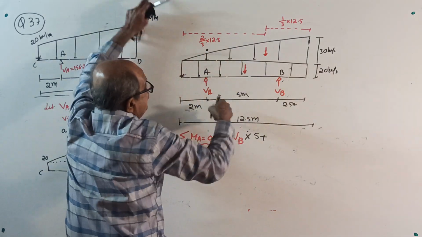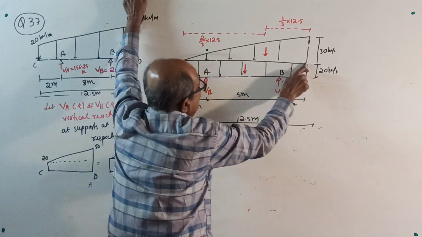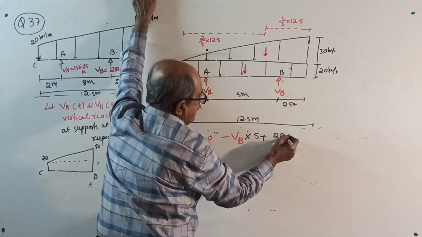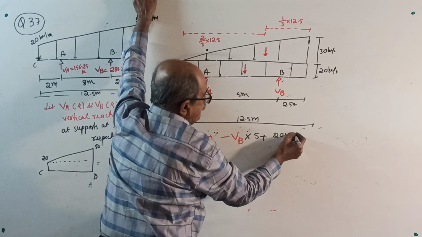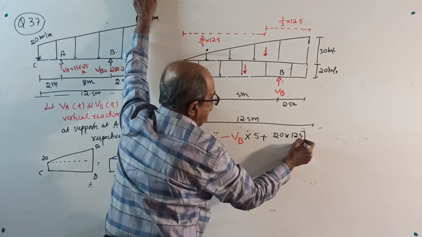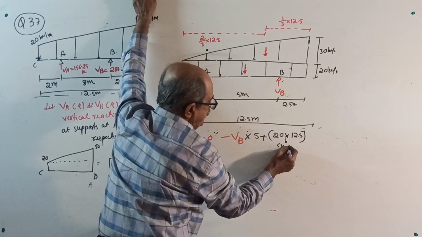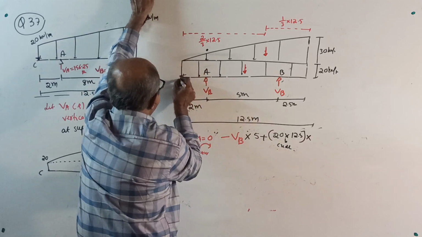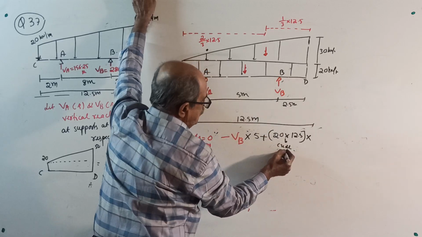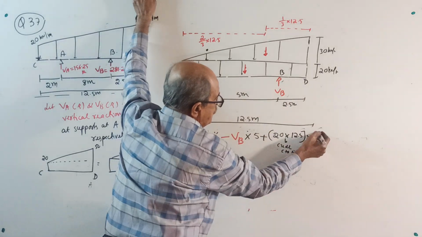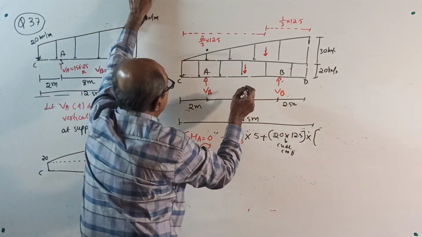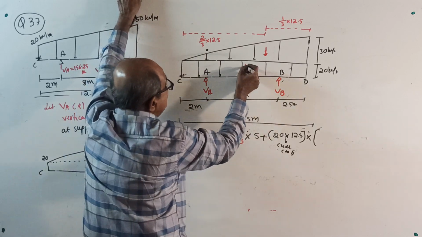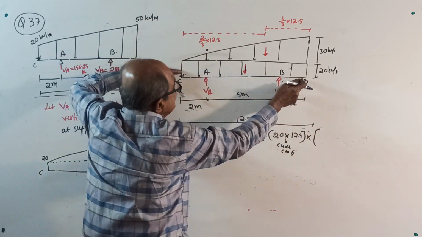plus clockwise. See, this total load is 20 kN per meter for 12.5 meter. This is the total load, that is UDL from C to D, full UDL, multiplied by, be careful, this will pass at the center of this loaded length.